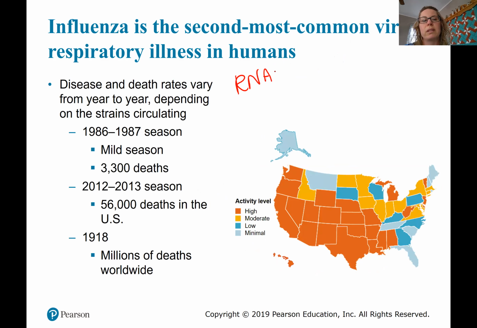And so the severity of the disease year to year is going to really depend on the dominant strain that's circulating. Okay, so in 1986 and 1987, that was a pretty mild season where they only saw 3,000 deaths in the US. Okay, 2012, 2013 was a little bit more severe, as you can tell there.